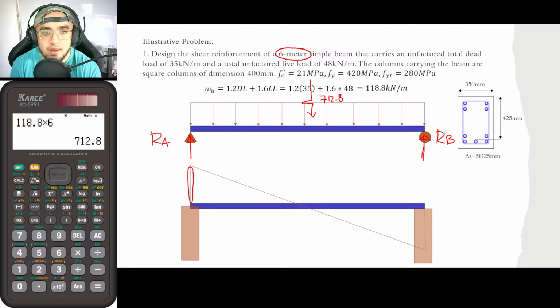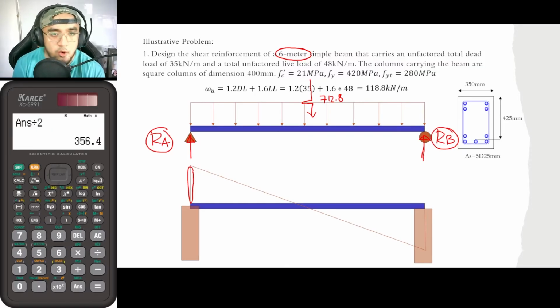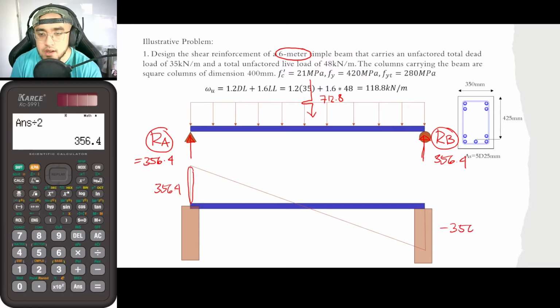And since it is symmetrical, both of our reactions here would have their own equal share. Basically, their equal share is just that we would just be dividing the resultant by 2. I hope that is clear. So this is now equal to 356.4. This is also 356.4. And this is now negative 356.4.